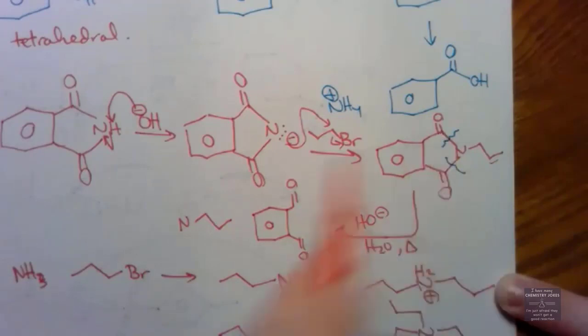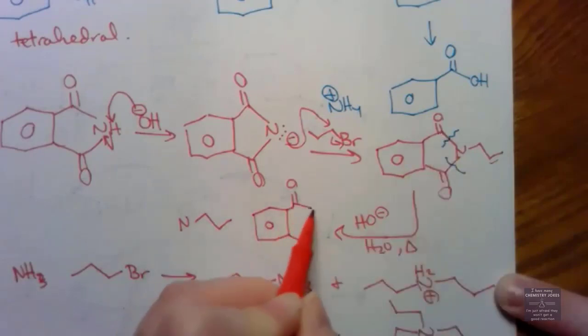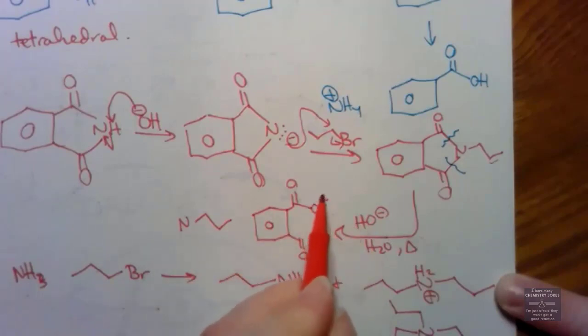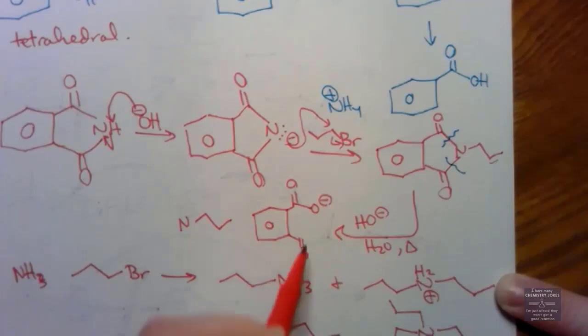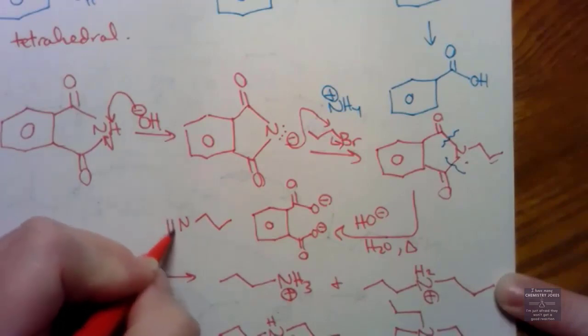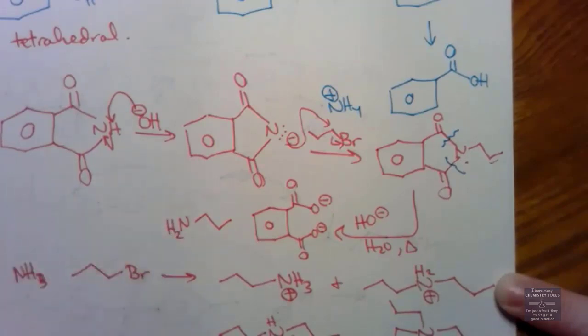The carbonyl side becomes a carboxylic acid, except we're hydrolyzing in base, so it becomes a carboxylate. The nitrogen gets protonated to become neutral, not positive, not ammonium. It's an amine because we're hydrolyzing in base.